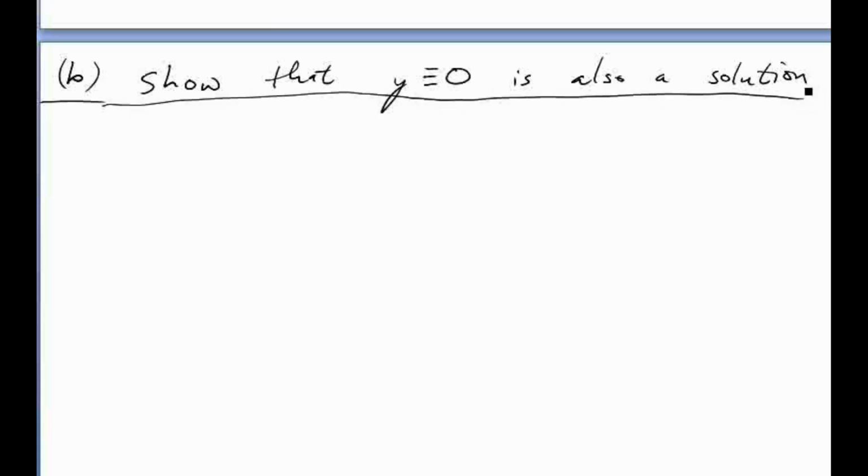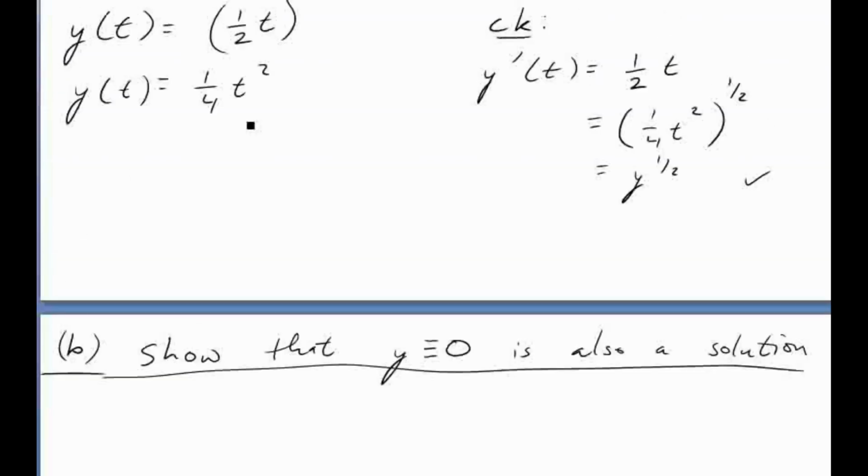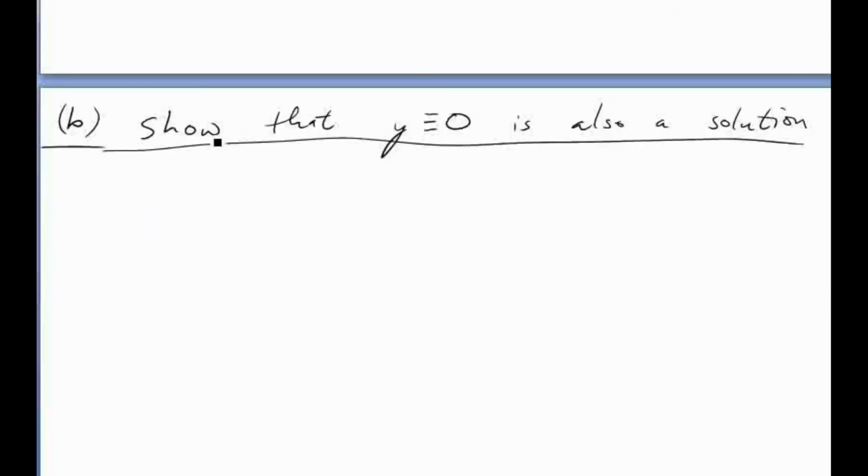Well, not much to show here. Just seeing it, we can see that it's clearly true, and that's a disturbing fact because we thought we had solved it. And this is not the same as the solution we just got. Y constantly equal to 0 is not the same thing as y equals 1/4 t squared.